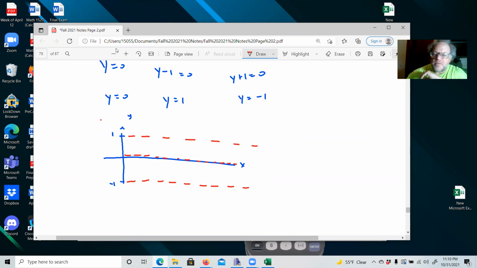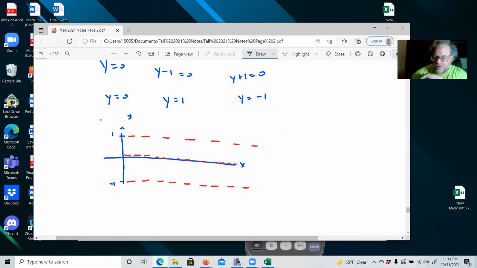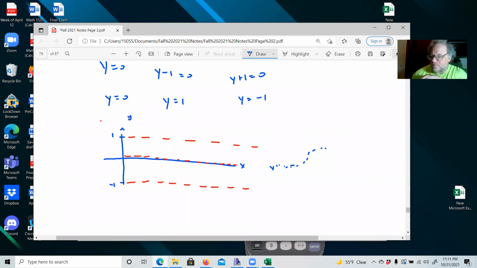So regardless of what the function looked like beforehand, once it gets up to y equals 1, we're not changing anymore. You could have a function that would do something crazy like this, and when y is 0, we'd have a flat part because the slope has to be 0.